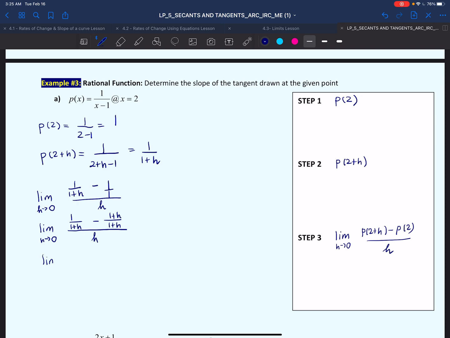And then we have the limit as h approaches 0 of 1 minus 1 plus h divided by 1 plus h over h. Simplify some more, almost done. We have 1 minus 1 plus h, that would be negative h over 1 plus h divided by h.